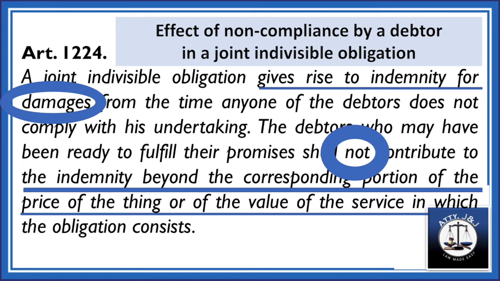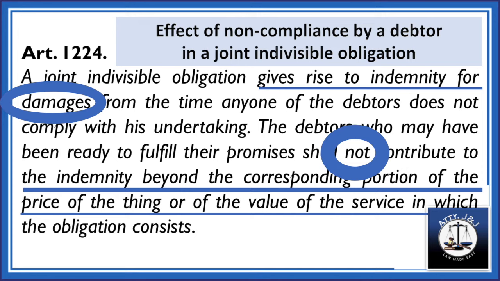Kasi unfair. He is, after all, ready and willing to comply with his obligations, di ba? So, meaning the obligation becomes a divisible one. Now, let's compare this with solidary obligation. In a solidary obligation, the breach by a co-debtor makes all debtors liable for damages. The obligations remain solidary without prejudice to their right against the guilty or the negligent debtor. So, pag solidary kasi nga, once for all for one sila.